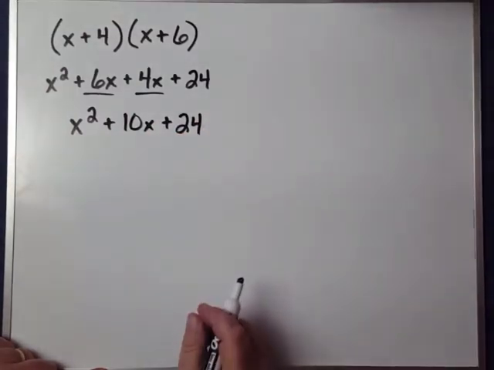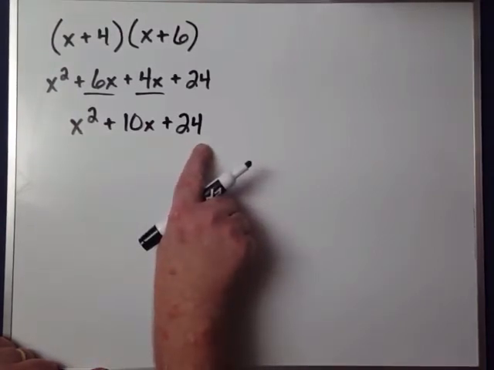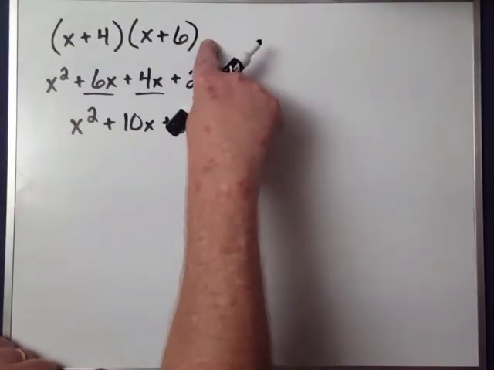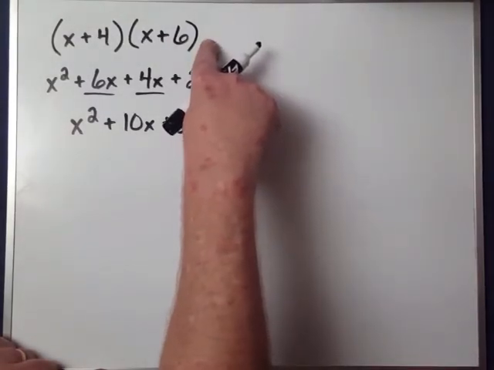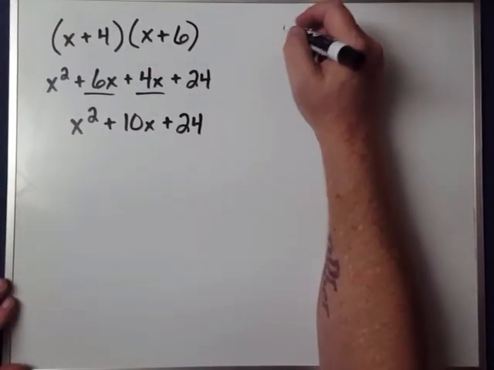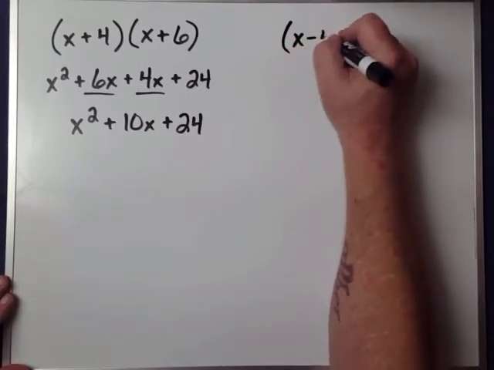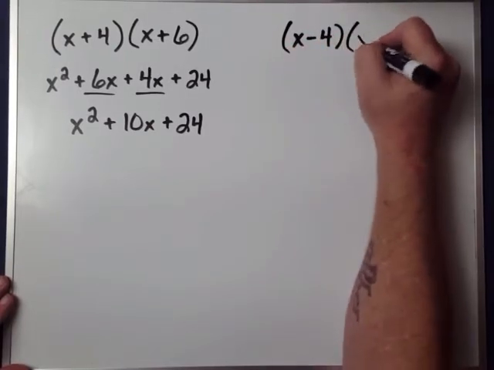What we want to be able to do is take this trinomial as our problem, be asked to factor it, and give this pair of binomials as our answer. Let's get a few more up here on the board before we start figuring out how it is we're going to factor these trinomials.